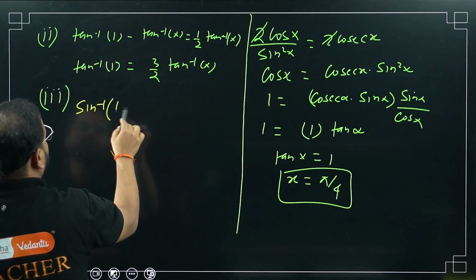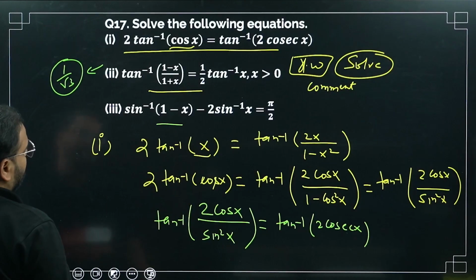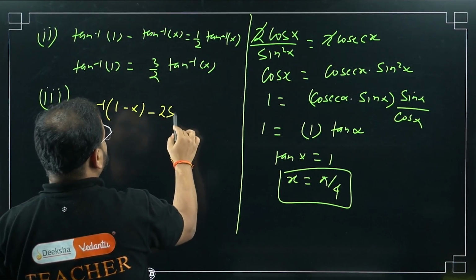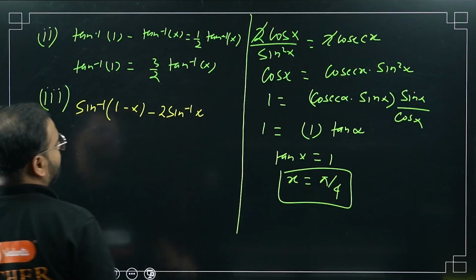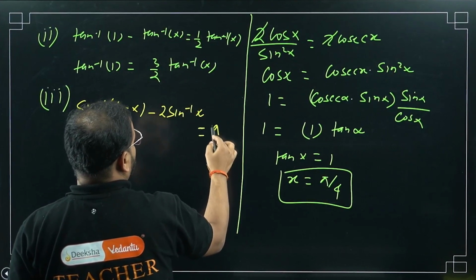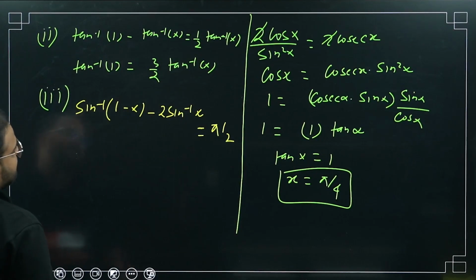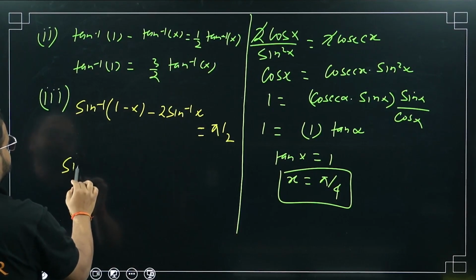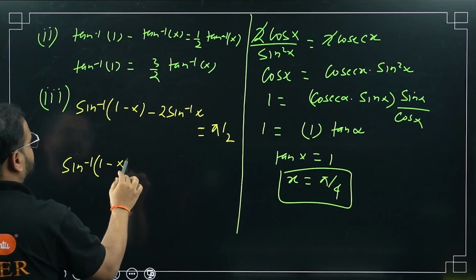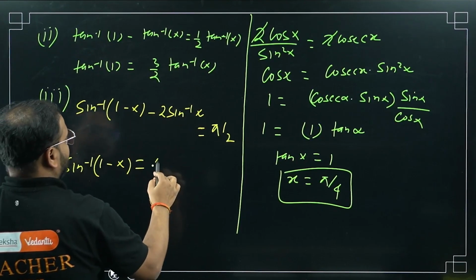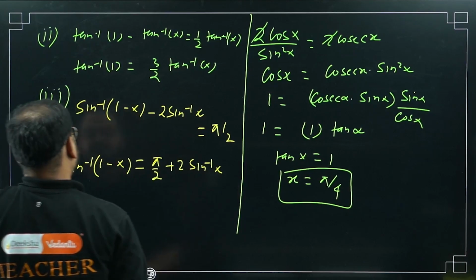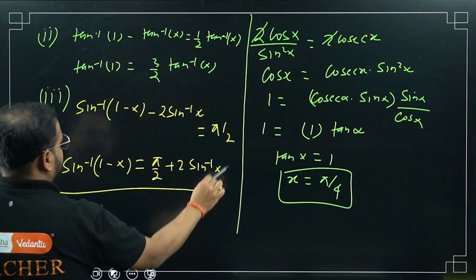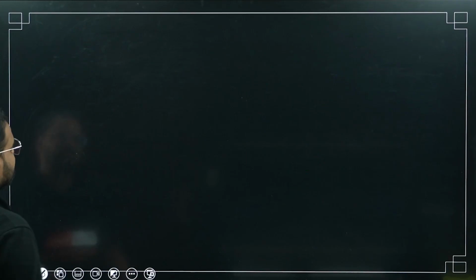I'll do one step on this slide. Bring this over here. So pi by 2 plus 2 sin inverse of x. Please see this, this is not the answer. I'll write in the next step.